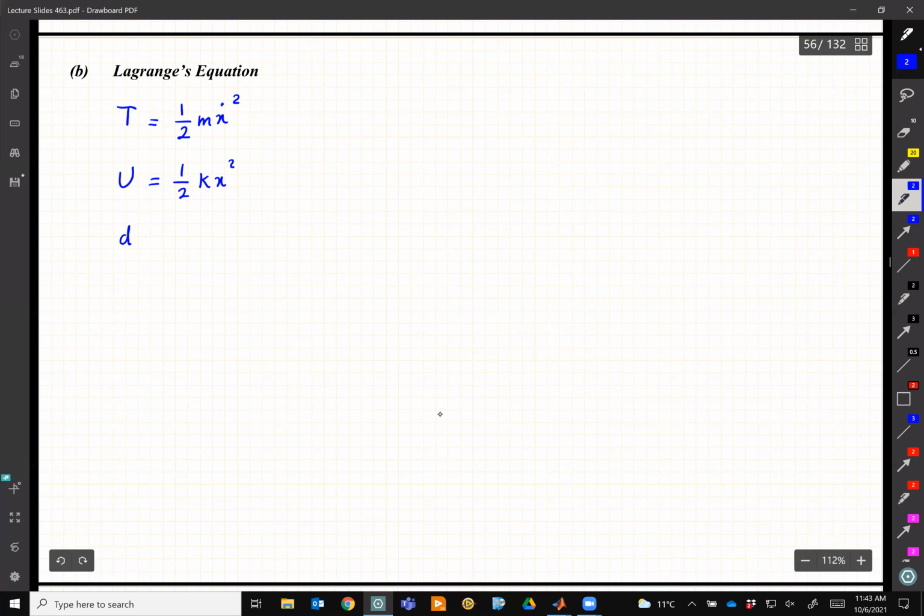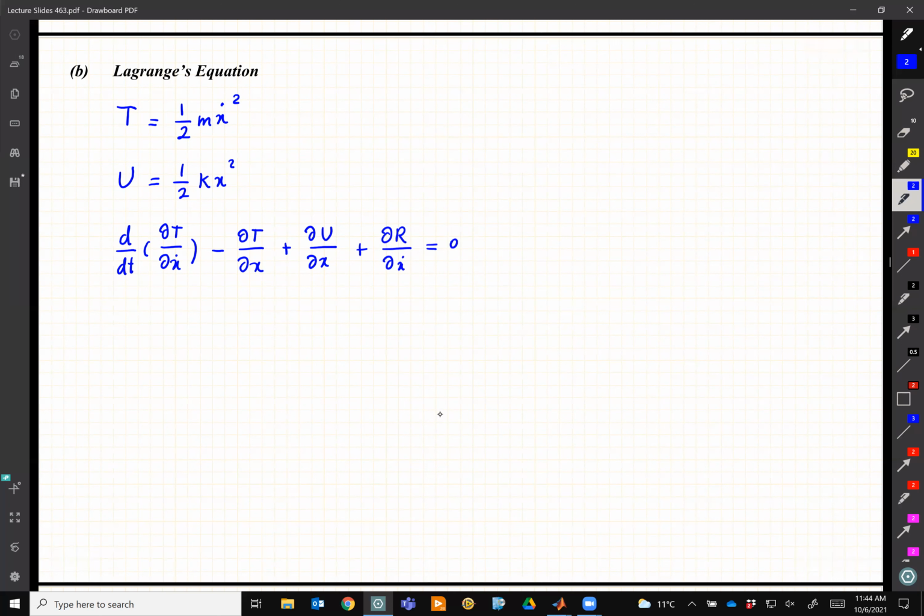So my Lagrange equation is d over dt of the derivative of T with respect to x dot, minus the derivative of T with respect to x, plus the derivative of U with respect to x. I almost forgot, we have R, right? Plus the derivative of R with respect to x dot, is equal to 0 because we don't have any external force.